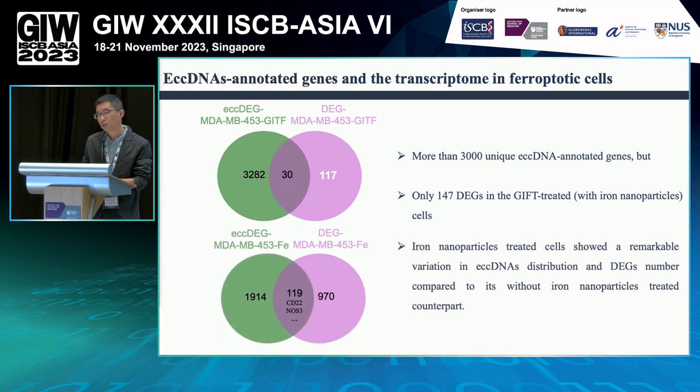In contrast to iron nanoparticle-treated cells, GIFT-treated cells had fewer DEGs, but the eccDEGs increased. However, iron nanoparticle-treated cells showed a remarkable variation in eccDNA distribution and DEGs compared to their untreated counterpart.